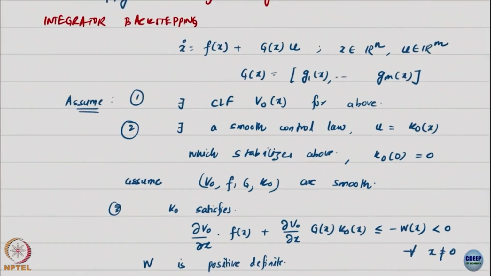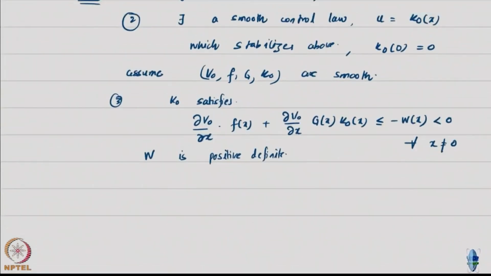Now the question arises: what happens if I add an integrator? What do I mean by adding an integrator? I am looking at this new system now, which is x dot is f(x) plus g(x) psi, and psi dot is now the control.